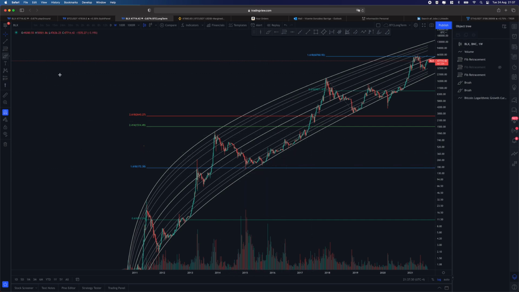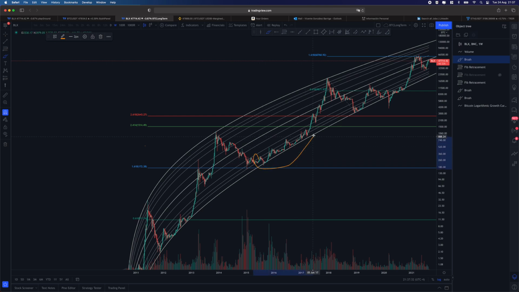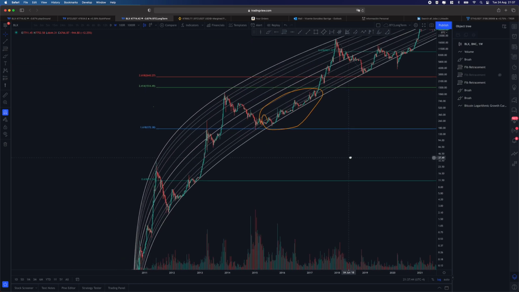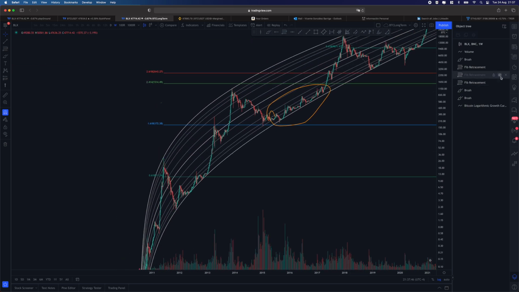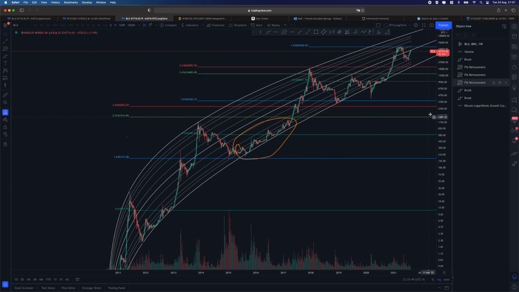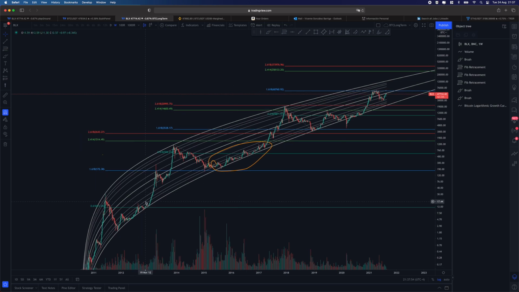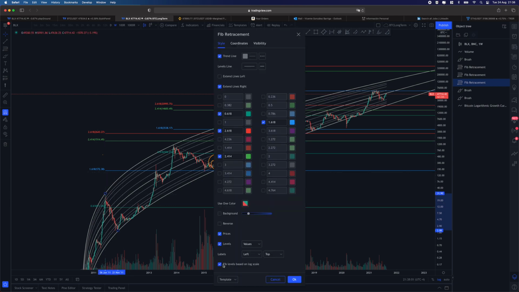And we actually spent a lot of time in the lower part of the logarithmic regression, but that's not the point. The point is that you can probably predict some cycle tops or trouble levels with just the Fibonacci tool and the logarithmic regression. And I'm using this Fibonacci tool with log levels in case you want to play around.